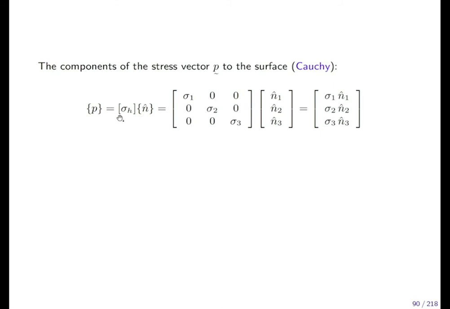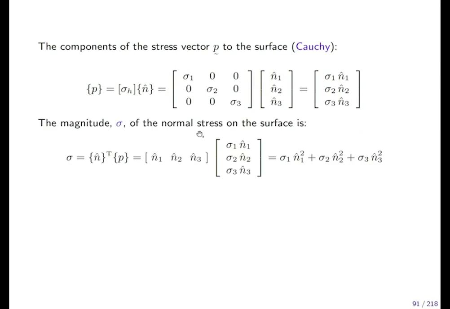Sigma h is the vector in its eigensystem, n is the normal vector on the cut, and p is the stress vector, which corresponds to this combination here. So p is what we search, and we want to have p perpendicular to n, and let's see what that gets. In the previous case, we had p parallel to n, and that gave us the eigenvalues.